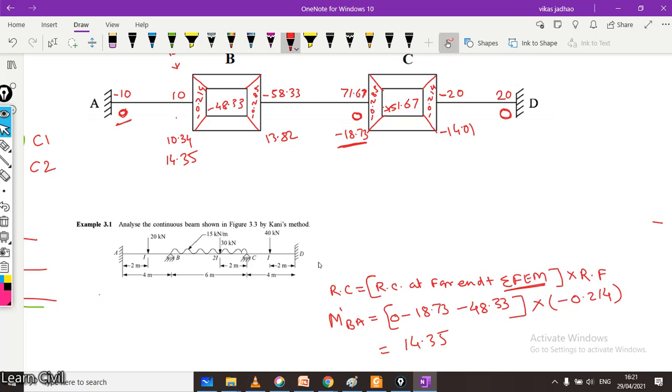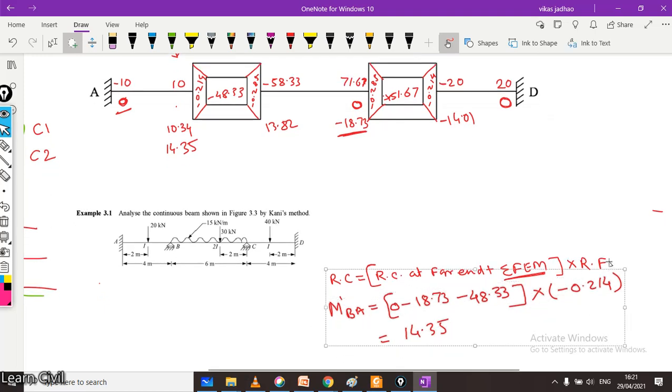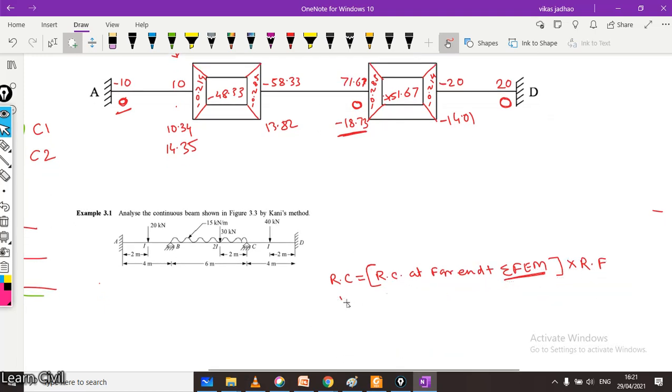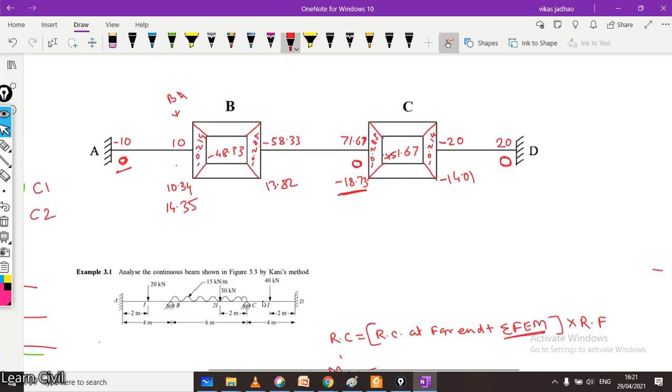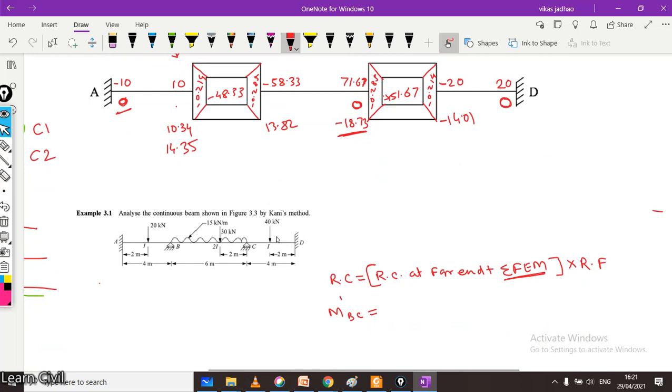Similarly, the rotation contribution for M BC will be calculated. The formula will be the same. The rotation contribution M dash BC will be equal to the rotation contribution at far end.